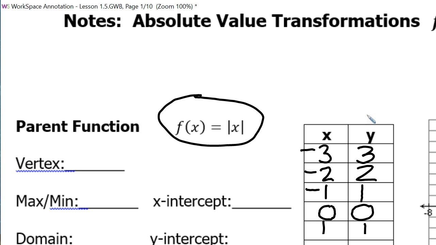And if we did the math correctly, and if we plotted the points correctly, you should have a V. So go ahead and connect those points with the right arm and an arrow going up, and the left arm and an arrow going up.